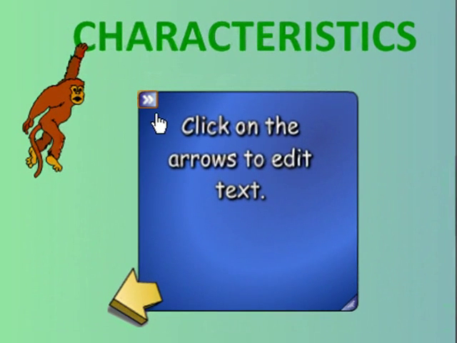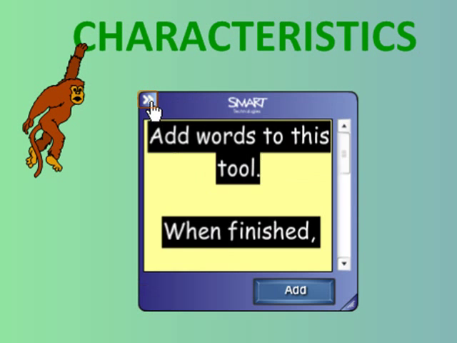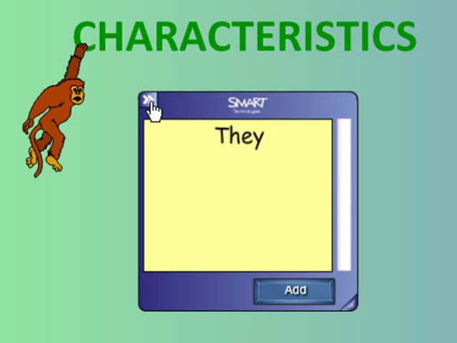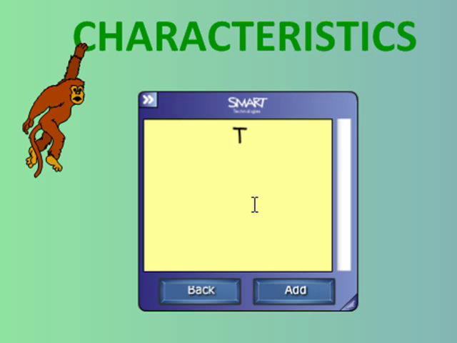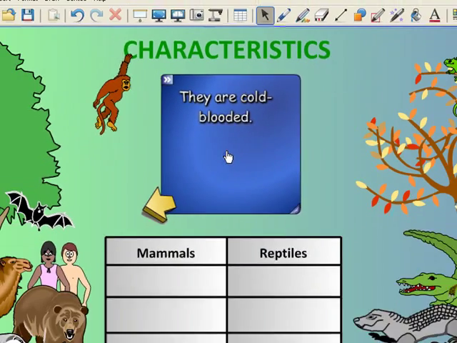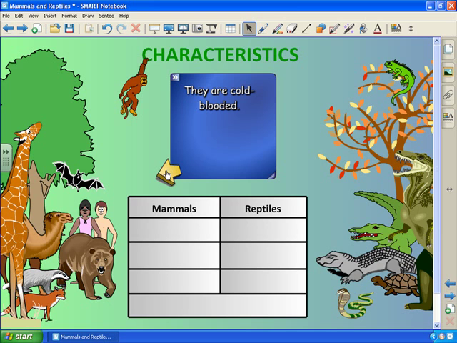Just click on the double arrows in the top left corner and type your text. Then click the Add button. When you are finished, the students simply press the arrow to release the text from the generator. And in this case, they can drag and drop the text into the table below.